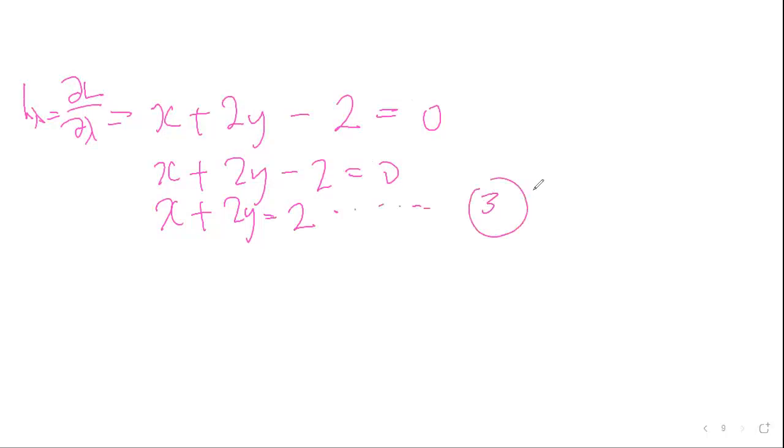For us to find the values of x and y, we have to equate lambda equal to lambda. Remember, we have a value of lambda in equation 1, and we also have a value of lambda in equation 2. The lambda in equation 1 is the same thing as y, and the lambda in equation 2 is x over 2.